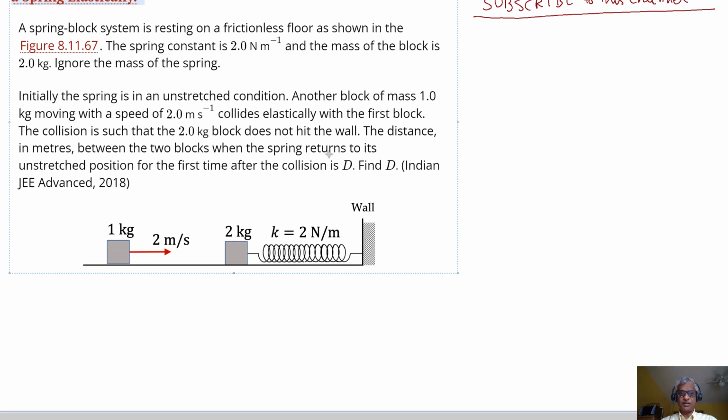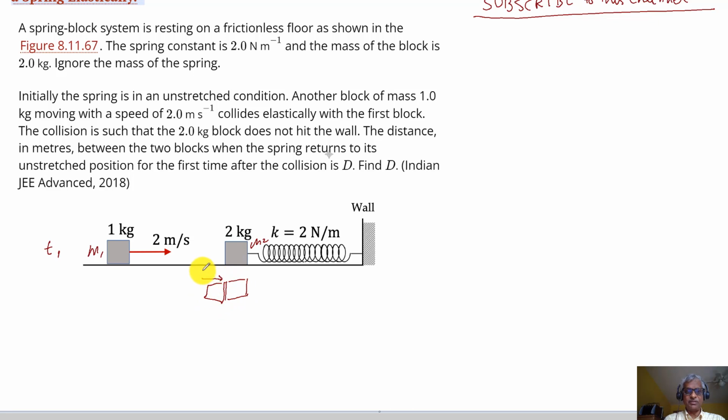So this block, let's call this block M1 and this block M2, and this is before the collision, at time T1. Then at some point there is a collision.